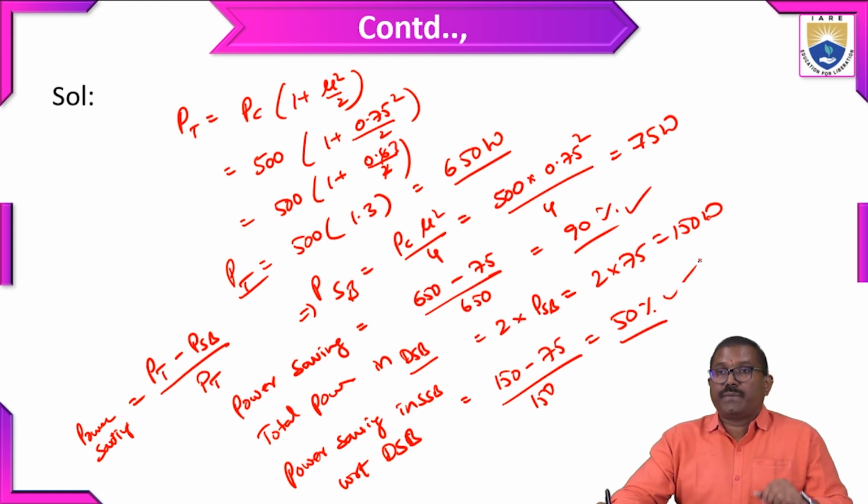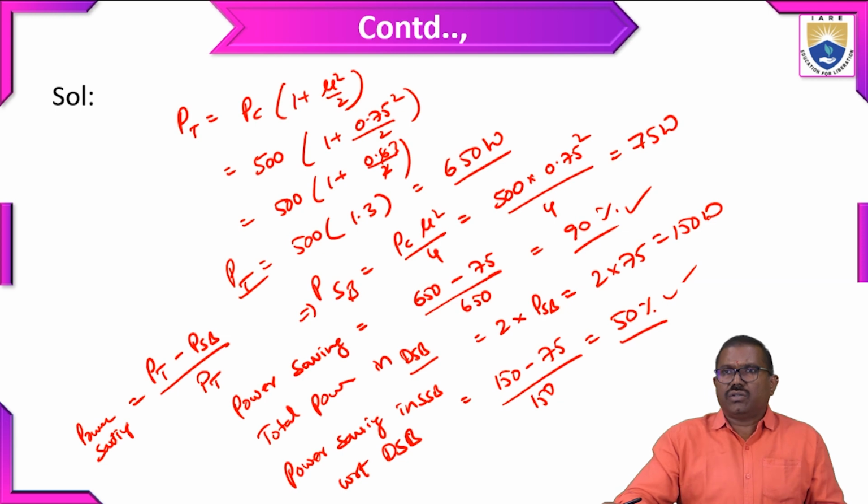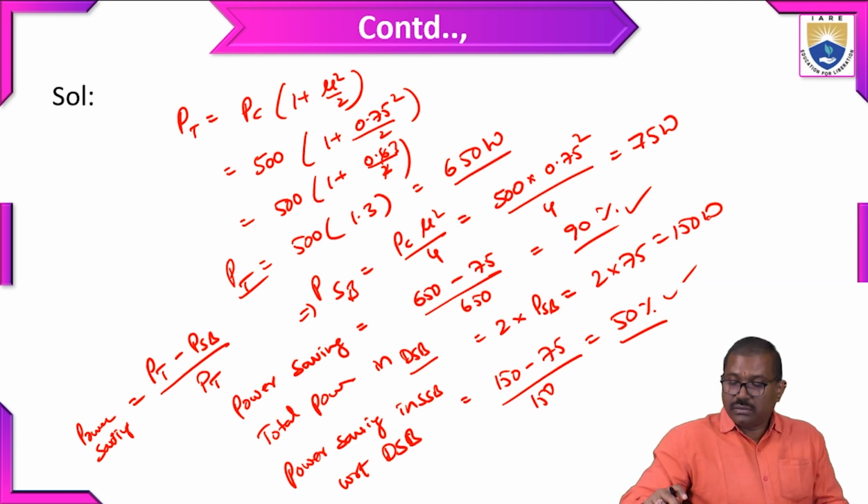So the power saving with respect to AM is 90% and the power saving in SSB with respect to DSB is 50%. These are the values for this problem.